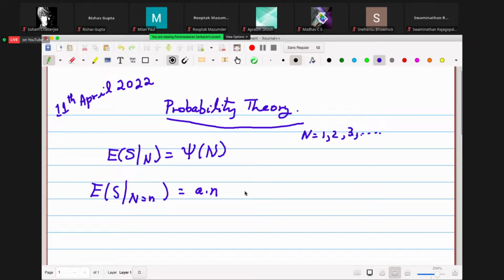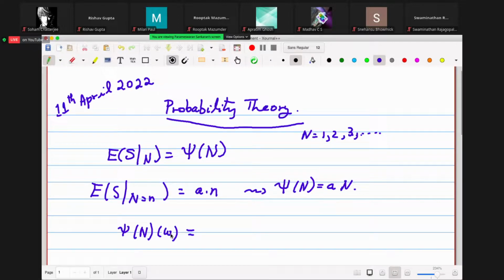And from this, I concluded that psi of n is a times n, which is absolutely okay. But while explaining why this is so, I seemed to have written psi n of n. This is not quite correct. I should have written omega here. So it should have been omega here.